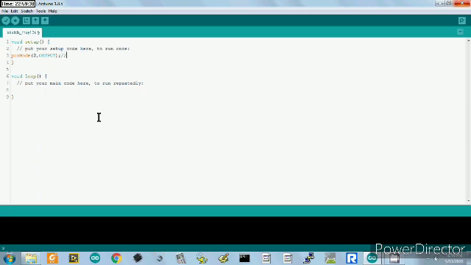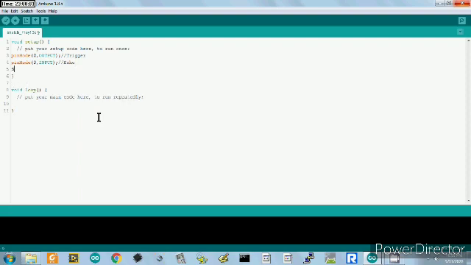So this will form the trigger pin. This will form the echo pin. So echo pin will be the input to the microcontroller. That's why I am defining it as the input.